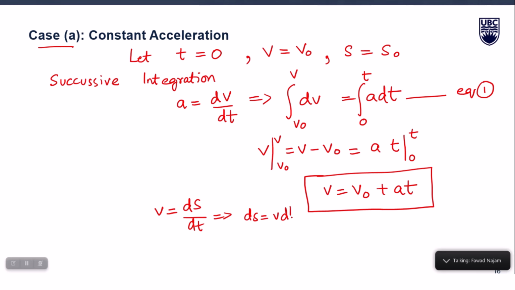In integral form we write it as integration of ds from s naught to s is equal to integral of v dt from t equal to 0 to some time t, right. So this is equation 2.